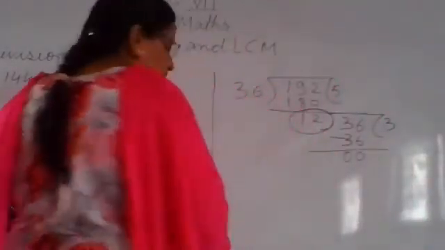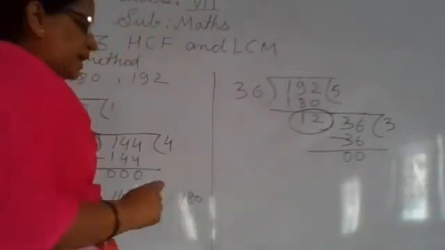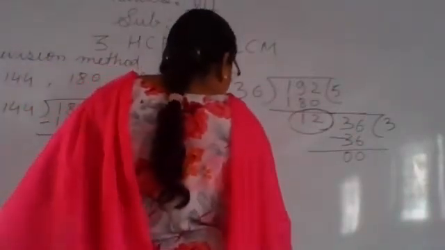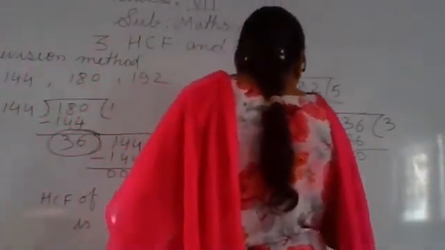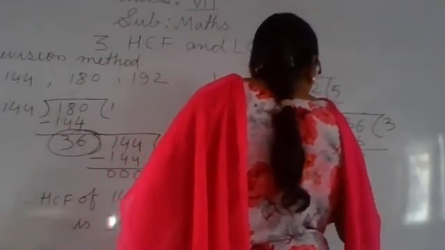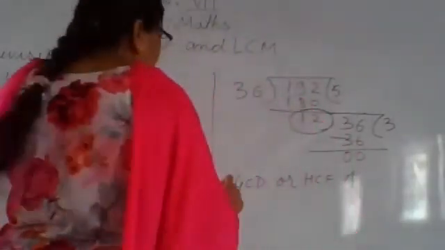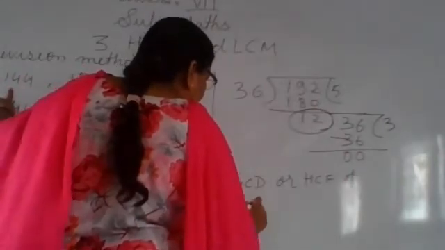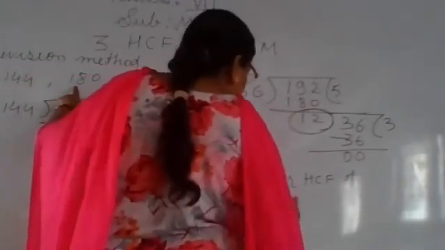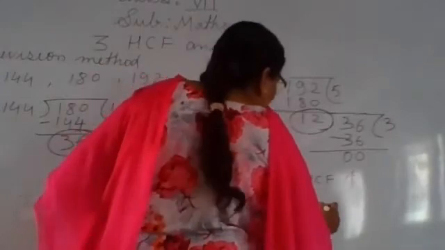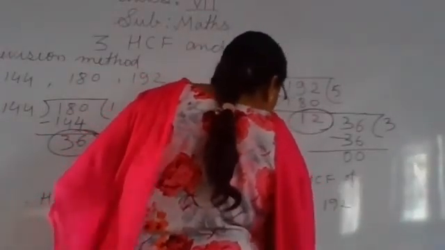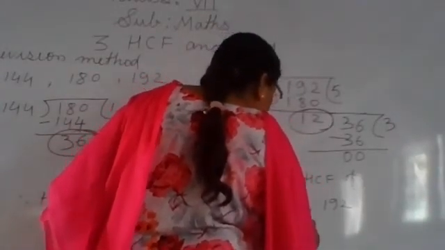Therefore, GCD or HCF of these three numbers 144, 180 and 192 is 12.